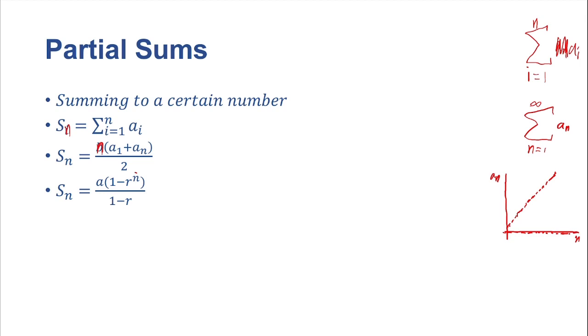So in that case, our geometric series may converge. We're going to talk about the conditions for convergence of the geometric series in the next video. That's going to be the main topic. But anyways, the point is, for an arithmetic series, you're not going to converge. For a geometric series, you may converge, and you can determine that using the partial sum formula.